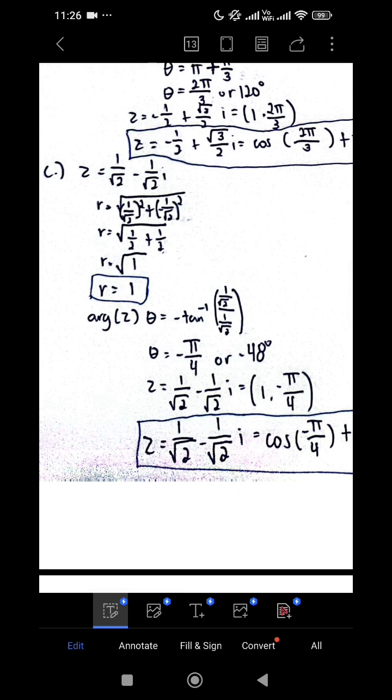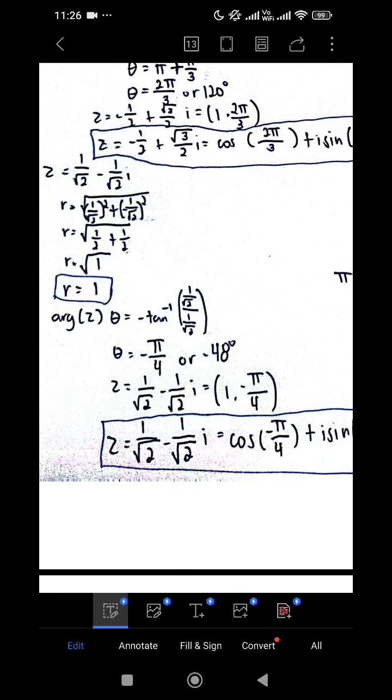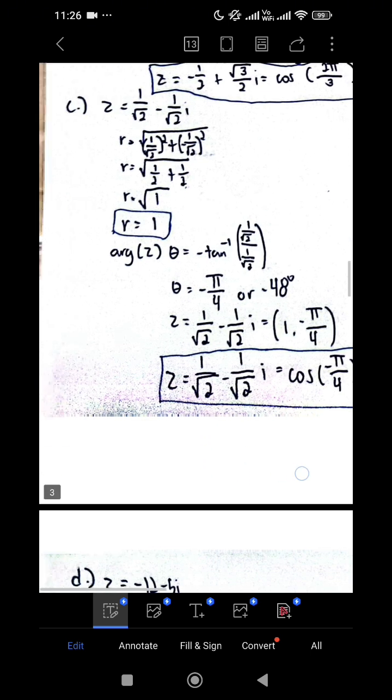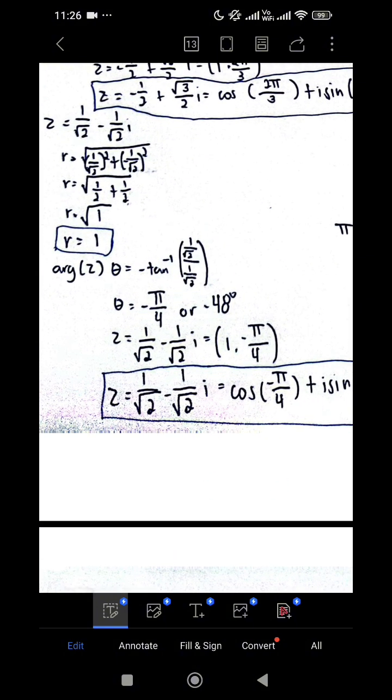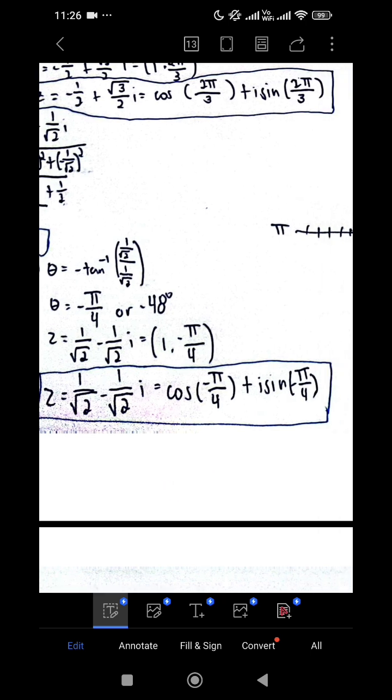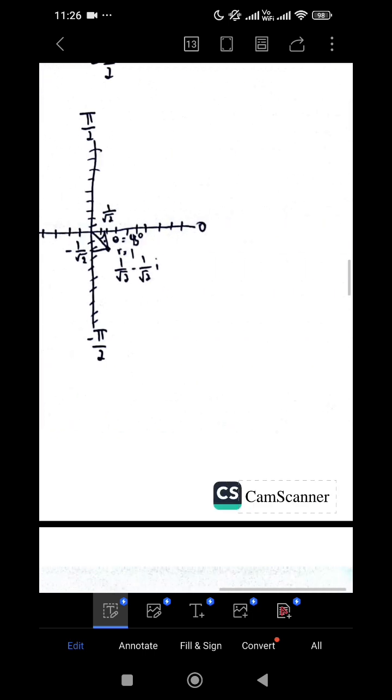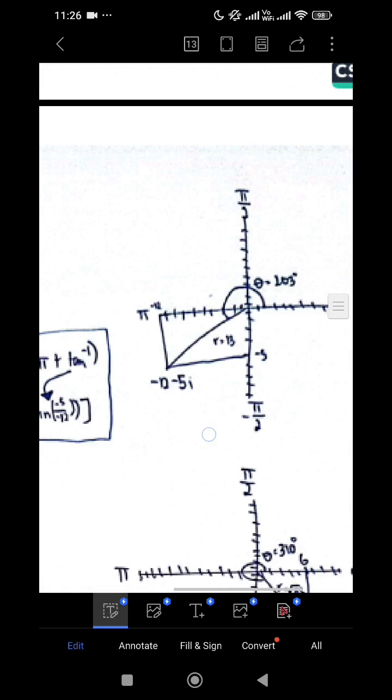Then we substitute the value, so z is equal to 1 over square root of 2 minus 1 over square root of 2 i is equal to 1 times negative pi over 4. Then the final answer for letter C is z is equal to 1 over square root of 2 minus 1 over square root of 2 i is equal to cosine of negative pi over 4 plus i sine of negative pi over 4. Then for the graph, we just apply the given again.